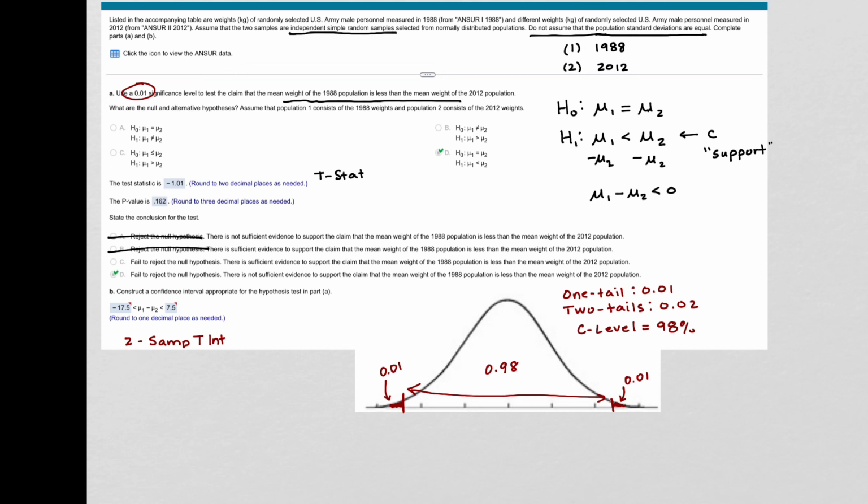And so when I do that, I get my lower limit of negative 17 point, and I want to round this to one decimal place, so negative 17.5, and then our upper limit is 7.5. So that's our confidence interval for that hypothesis test. And that's how you do that problem.